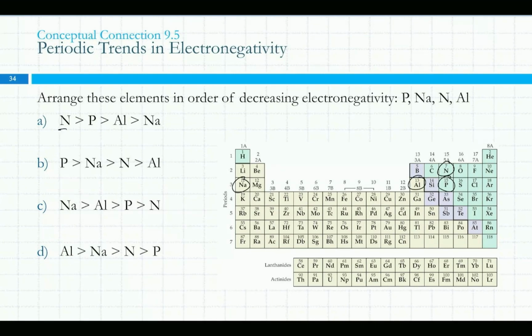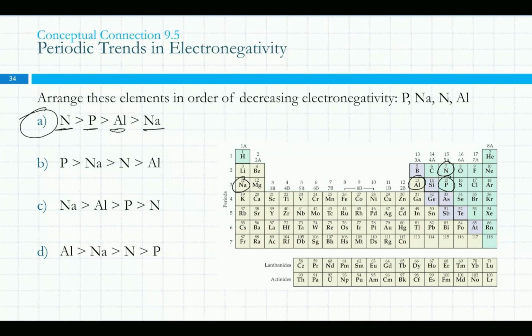Anything with nitrogen first. No, so nitrogen's first there. Phosphorus comes next, because it's really just one more step away from fluorine. And then aluminum's the next closest, and sodium's the farthest away. So you can use this too for just any 2 elements, just saying, is one more electronegative than another? Which one's closer to fluorine?